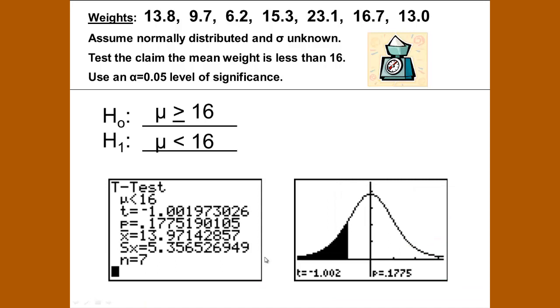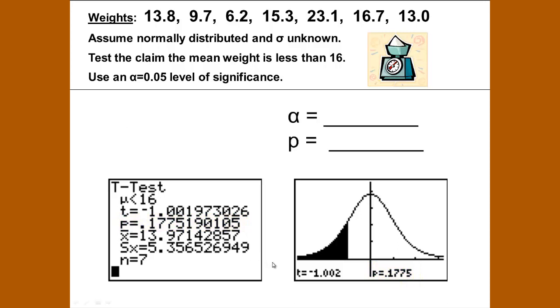Here are the results from your calculator, both the calculations and the graph. Notice the p-value in both and that they are the same, as well as some other information that we have. Next, we want to list what our alpha is and what our p is.